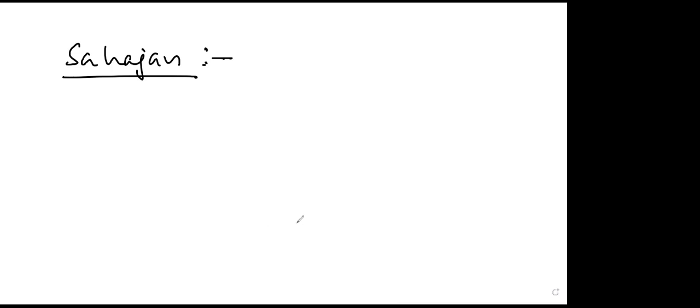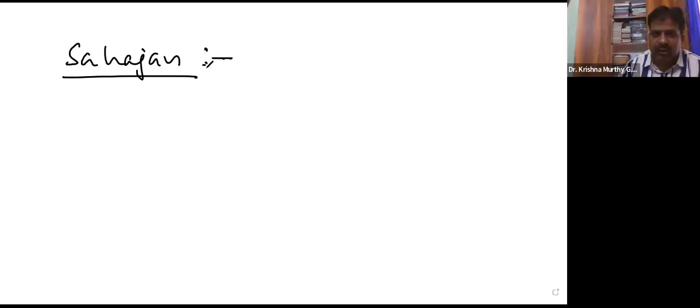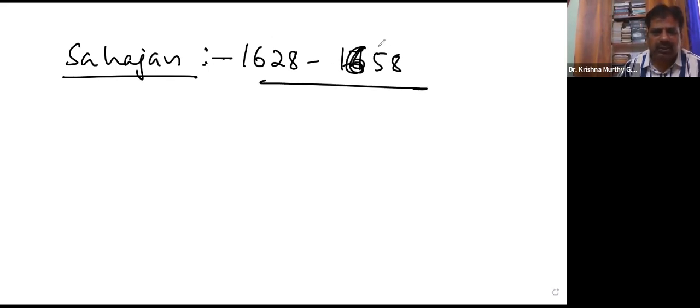Got it, sir. Next, another prominent ruler, Shahjahan, who ruled the country from 1628 up to 1658. This period is popularly recognized by modern historians as the golden age of the Mughal government.